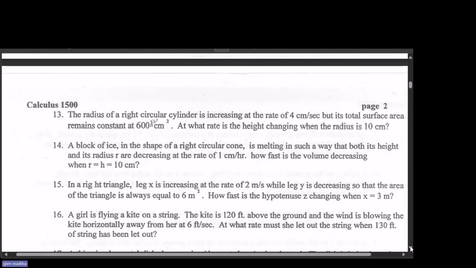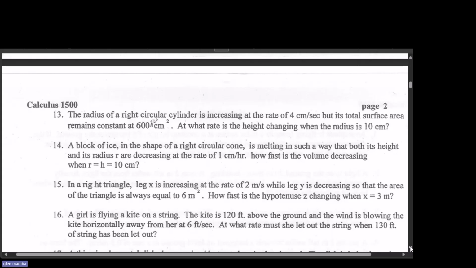So it will be 2x times dx over dt plus 2y times dy over dt, which is equal to 2z times dz over dt. Are we still together? Then we divide the entire equation by 2. We have x dx over dt plus y dy over dt, which is equal to z dz over dt. Clear?